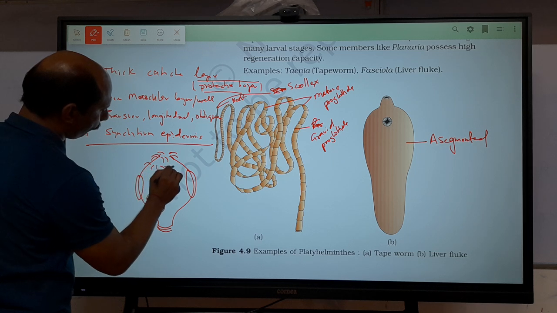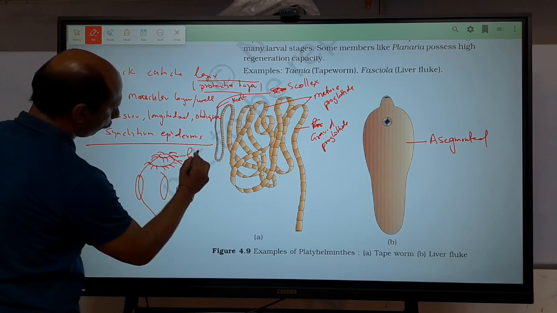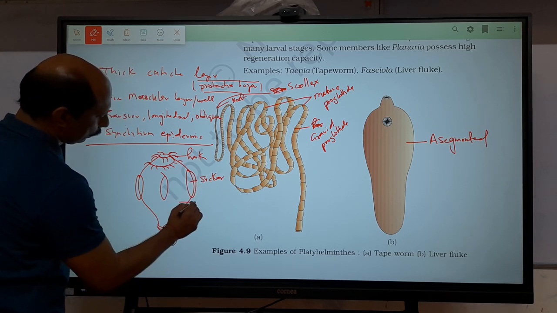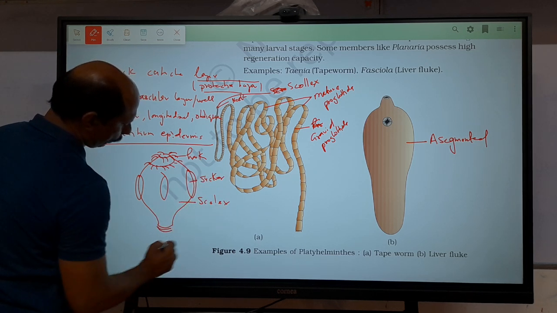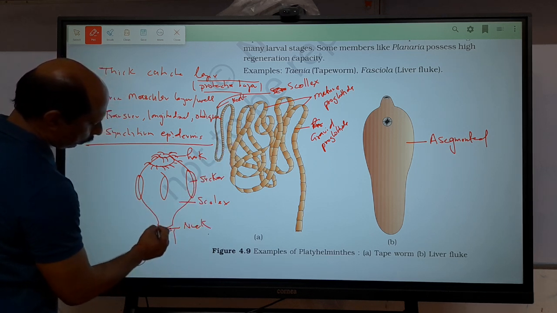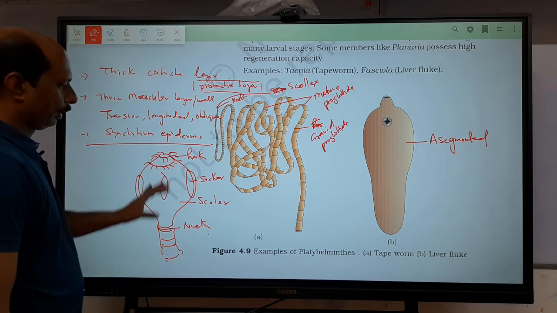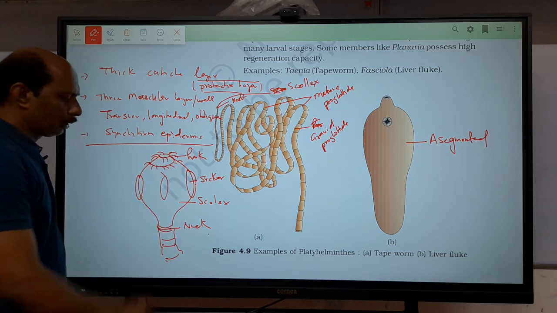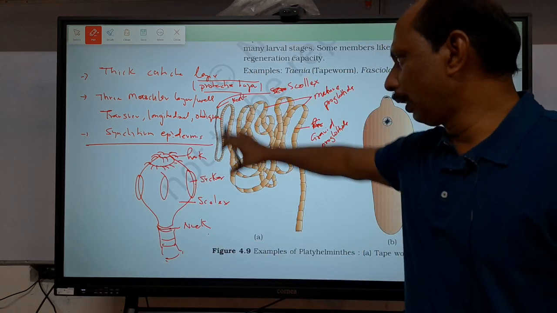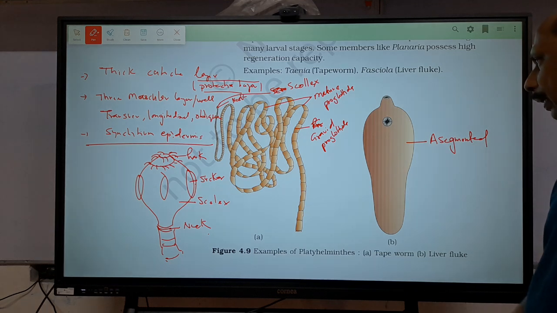Look here, these are hooks and these are suckers. This is the scolex, this region is called the neck, and after that there are immature proglottids and then mature proglottids. These suckers, these hooks and the thick cuticle layer are adaptations for their endoparasitic condition.